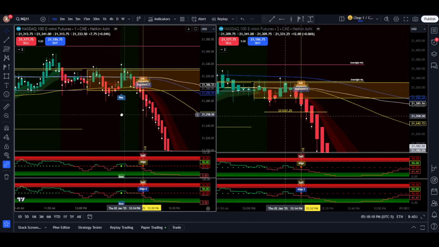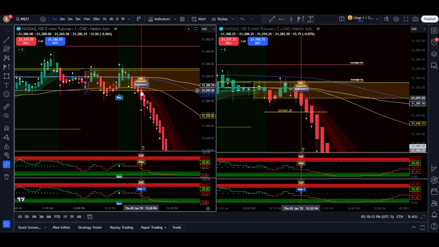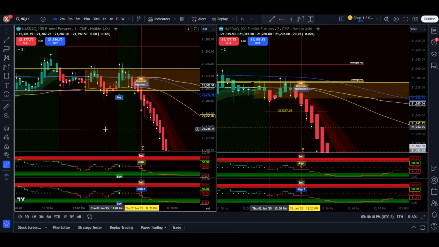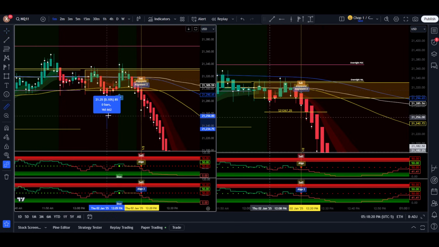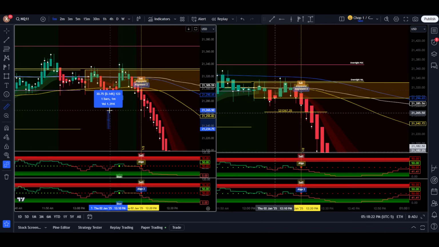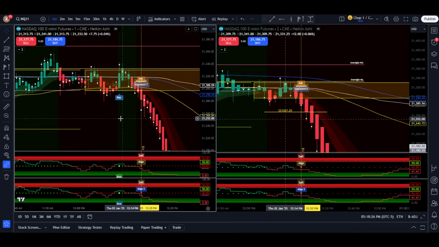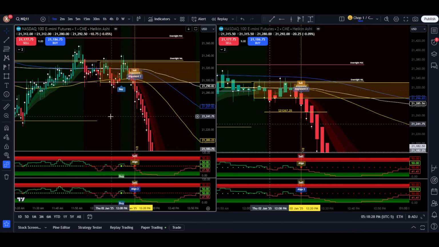We have a signal that just went right through the POC and it's an alignment. How much room do we have until we touch the value area low? We have 123 ticks. Wow. You can choose to hold it, but I like to do 60.